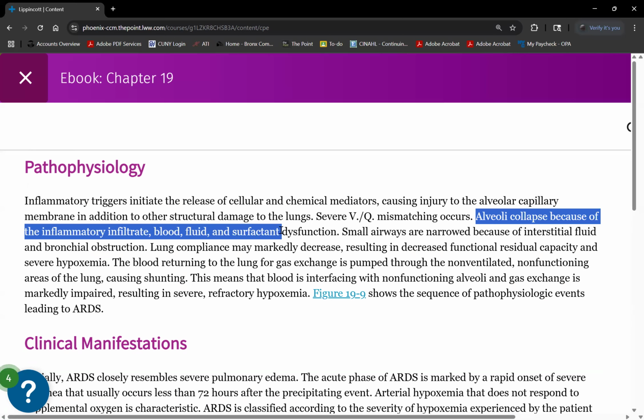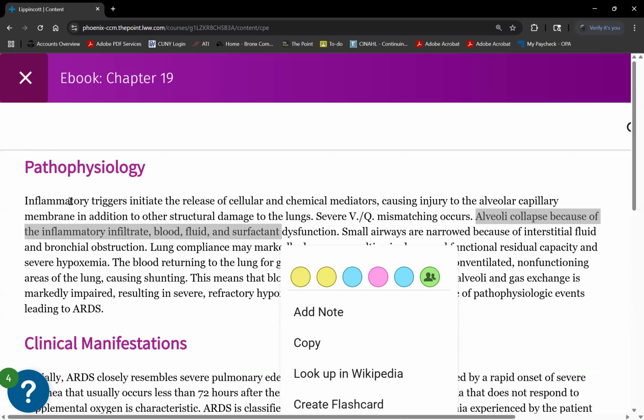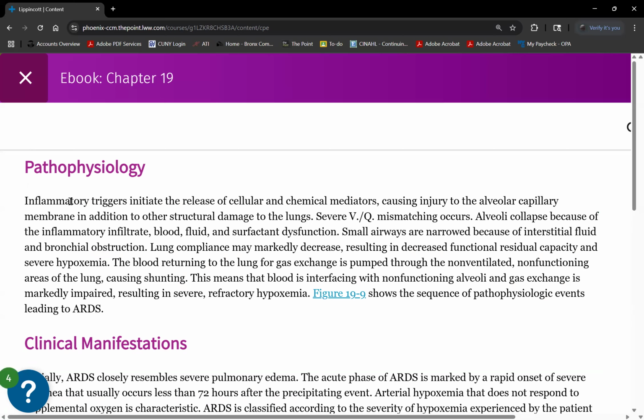Okay, so basically, what happens to the alveoli? Now, we have about 100 million alveoli, each one wrapped in a capillary network. So if this is occurring at the capillary level, meaning every capillary that wraps each of those 100 million alveoli leaks fluid, blood, and surfactant, what happens to the alveoli?